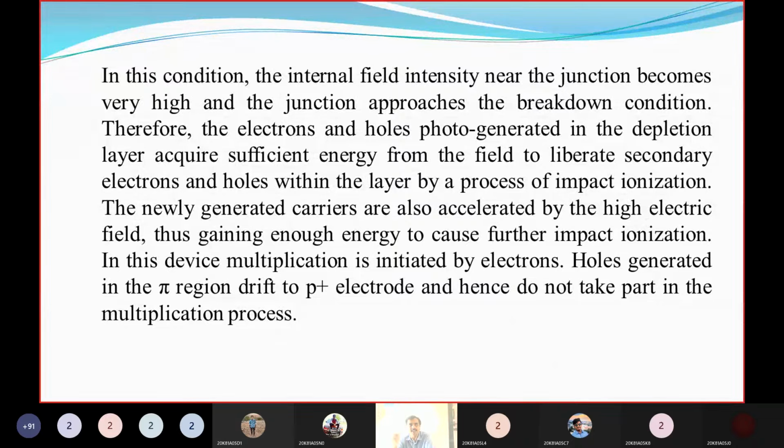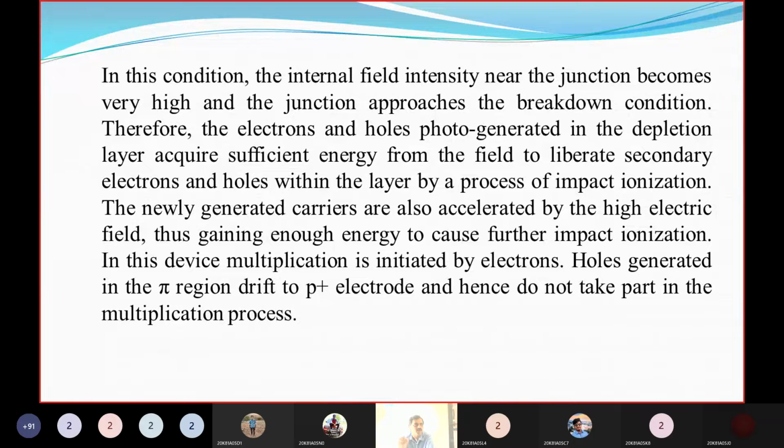Because of the external field, the electron gains very high kinetic energy and collides with the surrounding electrons.